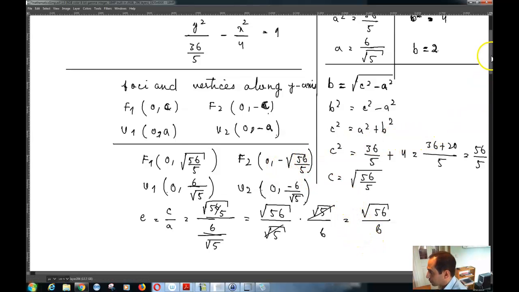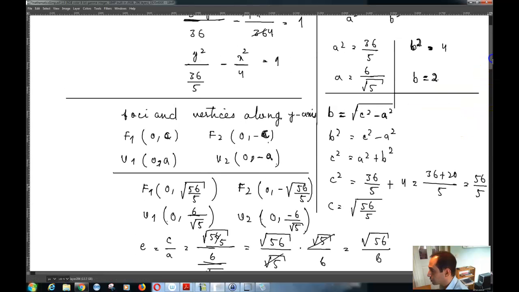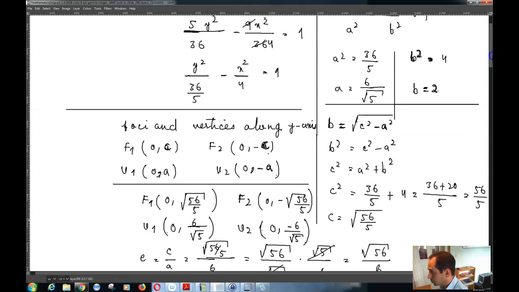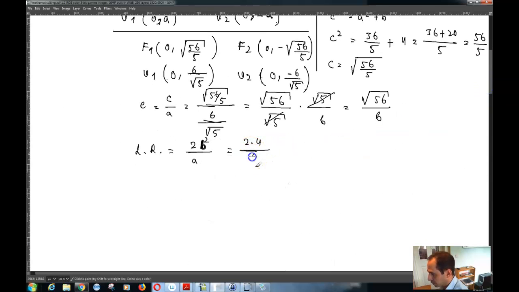And then the length of the latus rectum is equal to 2 times b squared over a, is equal to 2 times, so b squared over here is equal to 4, so 2 times 4 over a, which is equal to 6 over square root of 5.